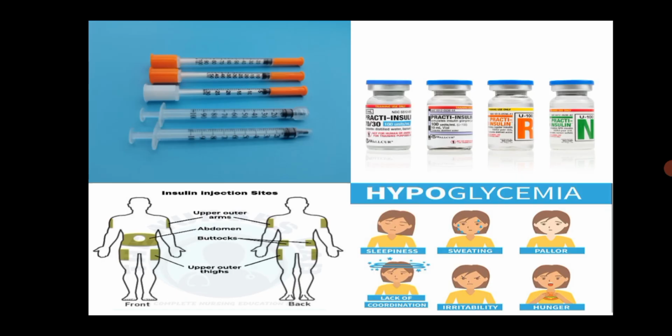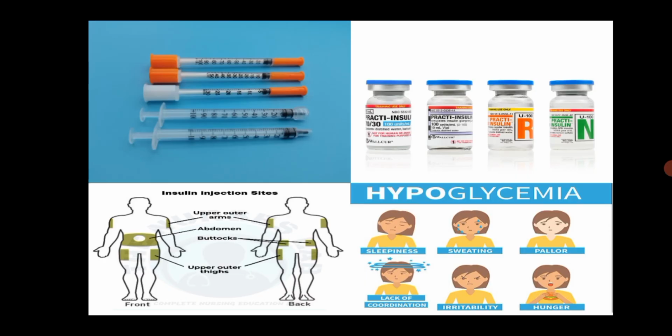Okay, so why do we have so many sites for administering this insulin? It is because we are trying to prevent three things by not injecting insulin on the same site: one, lipodystrophy. Aside from lipodystrophy, we are also afraid of tissue damage and poor insulin absorption.